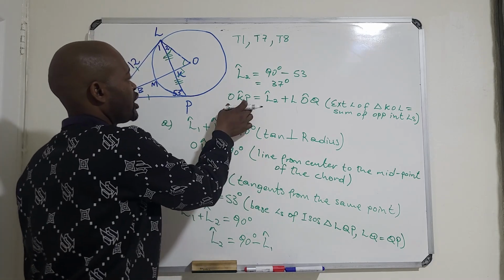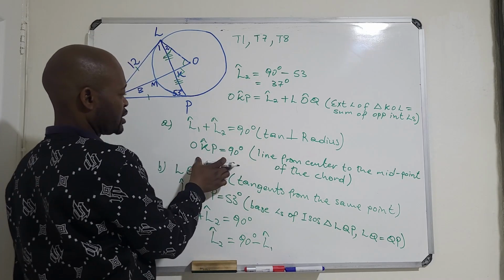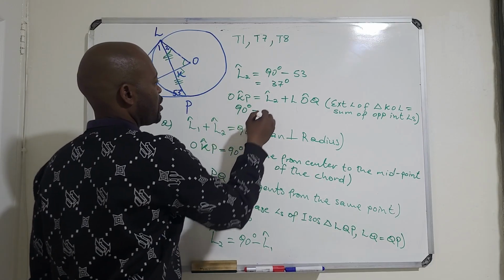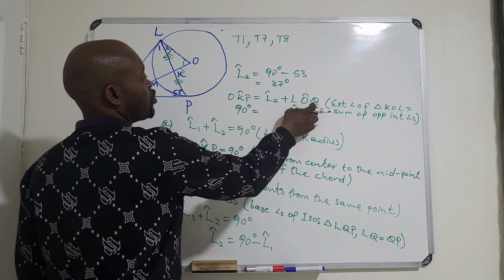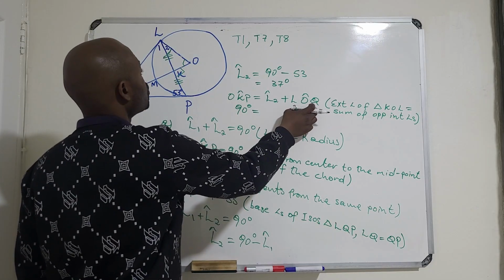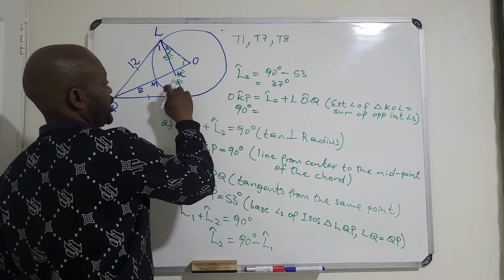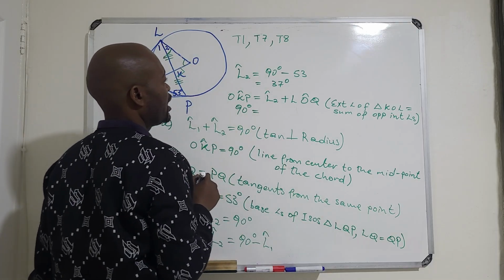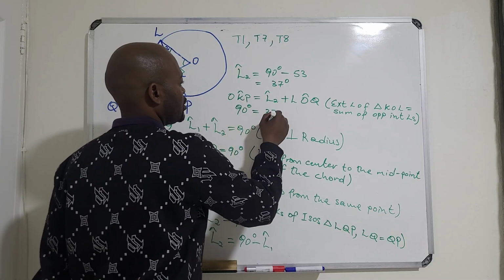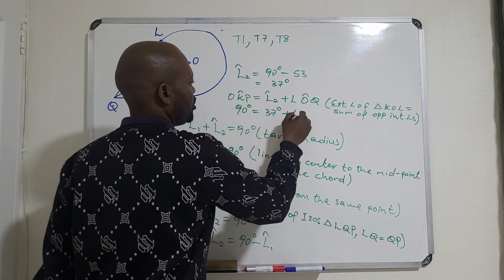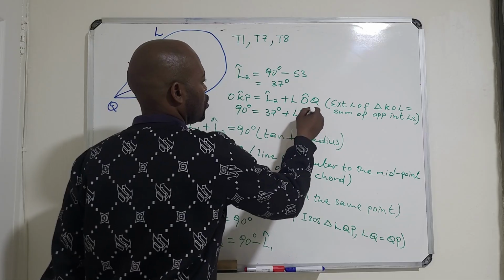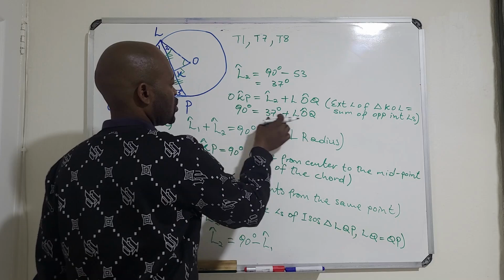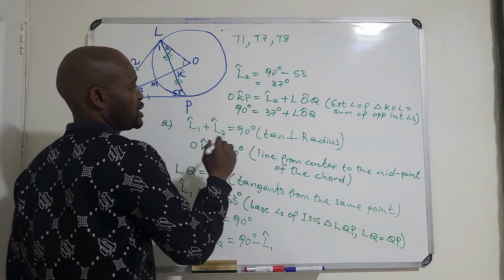Now we know that this is 90, as we have said it there, 90 degrees, which is equal to, we are proving that angle LOQ, don't forget, is equal to 53. Now we know L2 is 37 degrees plus angle LOQ. Now I take this to the other side.